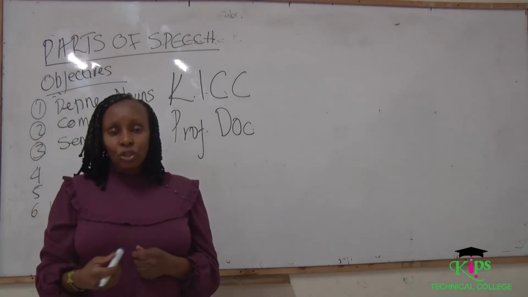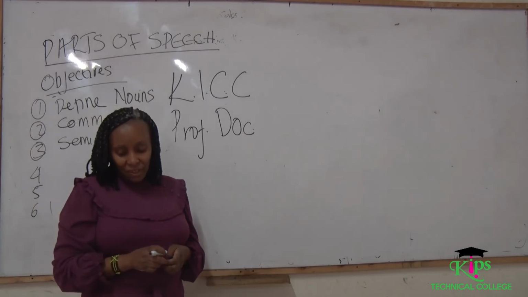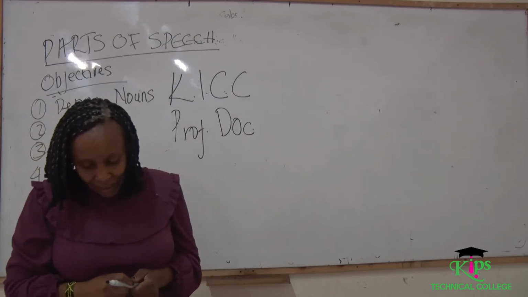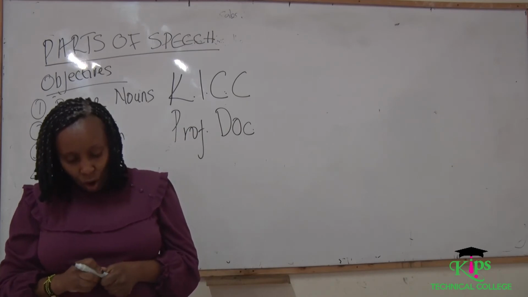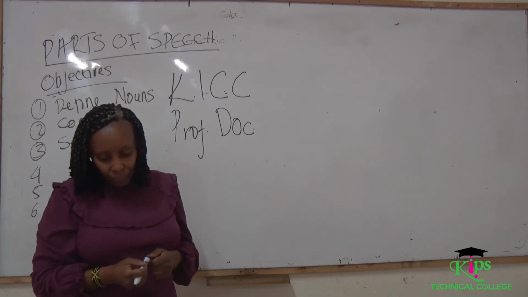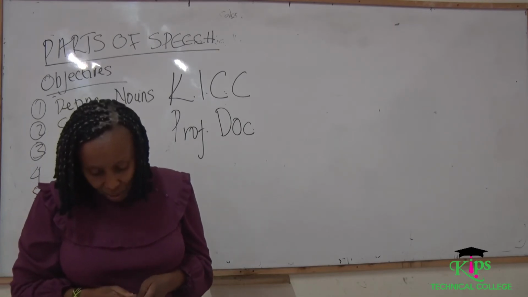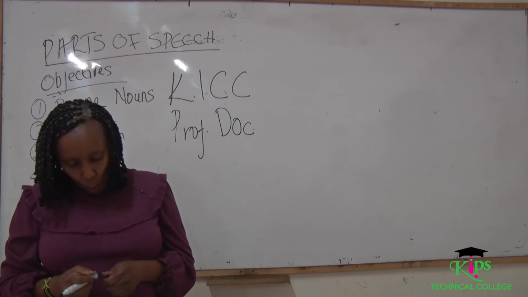We also have a comma, which is used to indicate the separation of elements within the grammatical structure of a sentence. It is used to set off a noun of address or a phrase in opposition.